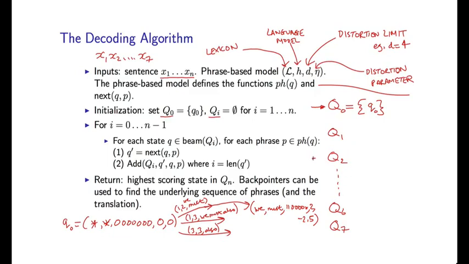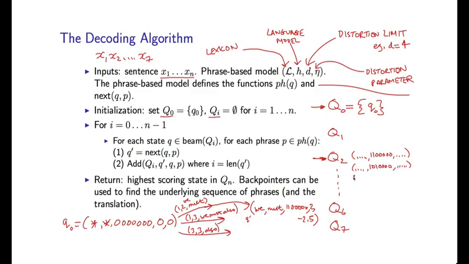It actually gets added to Q2, and that is because the number of words translated in this state, q prime, is equal to 2. So Q2 is going to store a whole bunch of states with the one restriction that each bit string in these states has exactly 2 words translated.